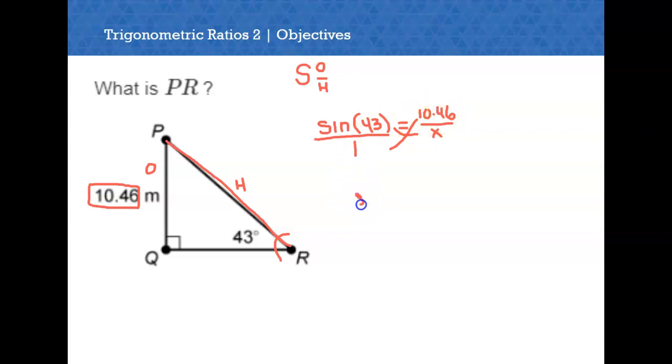I could plug this in like this, sine 43 times x is equal to 10.46, and then I could divide sine 43 on both sides, and I'm just going to abbreviate here to make it quick.